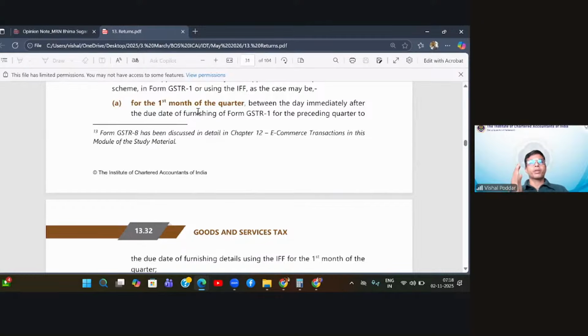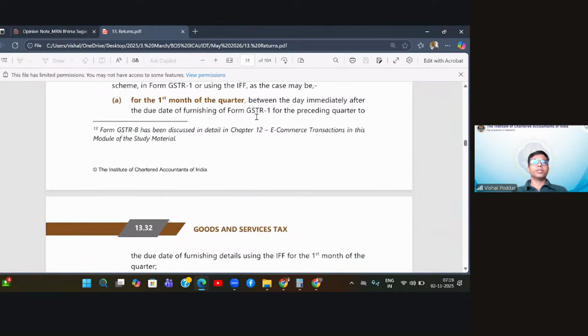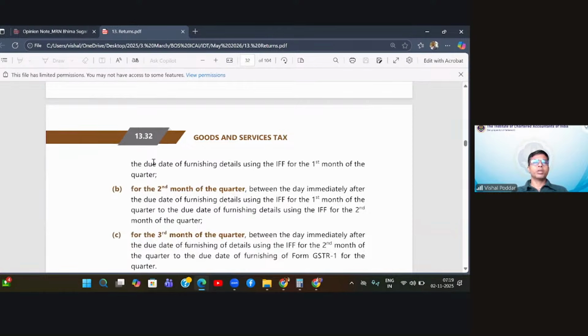So whatever details the supplier furnishes between the day immediately after the due date of GSTR1 of the preceding quarter to the due date of furnishing IFF of the first month. So what was the due date of furnishing the last GSTR1? That is of the previous quarter close. The previous quarter ended on 30th September. The last date to furnish GSTR1 was, let us say, 11th of October.